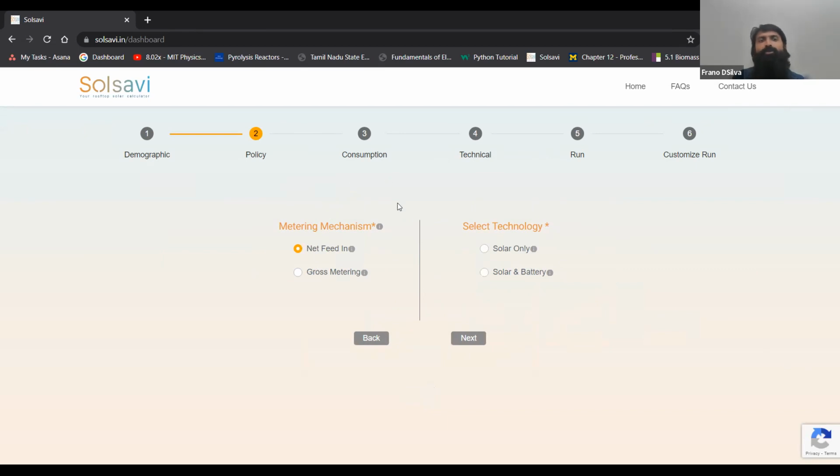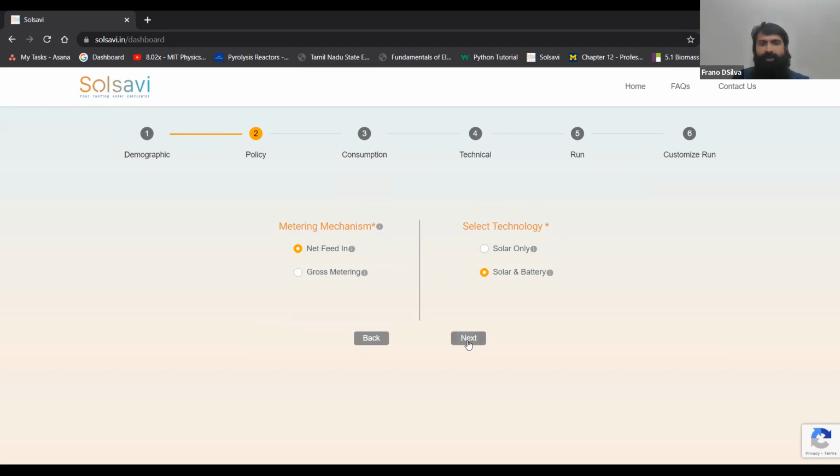And if you would like to know a little bit more on how net feed-in works or how other categories work, we could hover over the I button and read the information that is given about the particular topic. Further, to define the technology, we select a solar plus battery technology in this case.